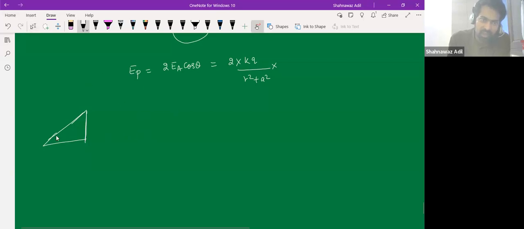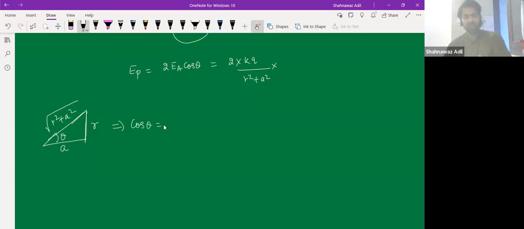So this is theta. This is a. This is r. This is root of r square plus a square. So from this triangle, what would be cos theta? Cos theta is base upon hypotenuse, right? How much would that be, Arsalan and Mir?